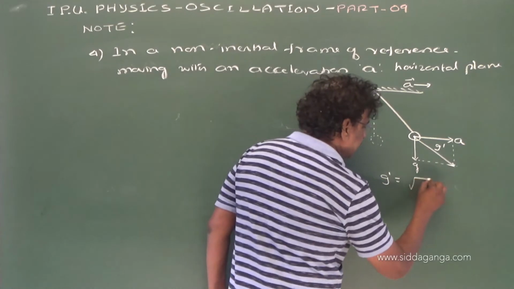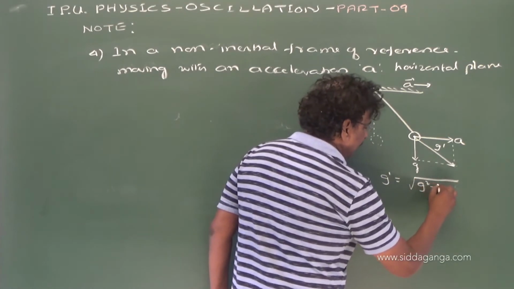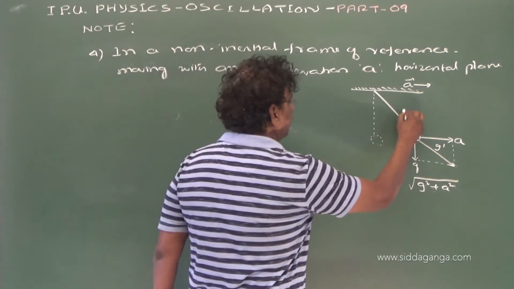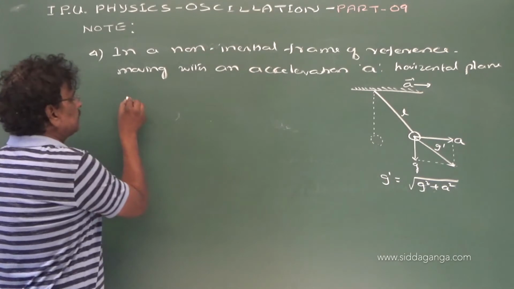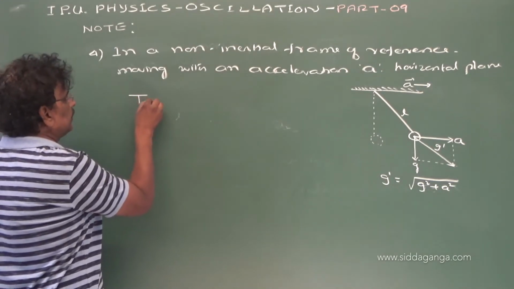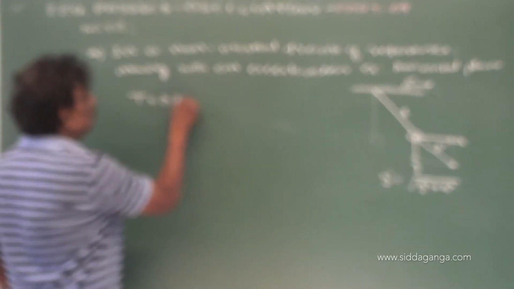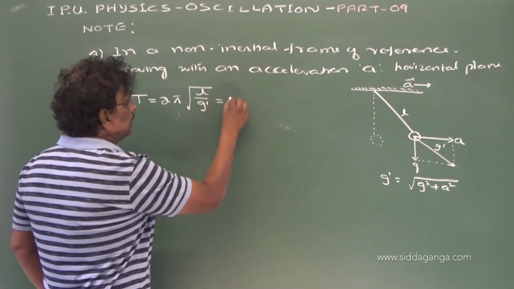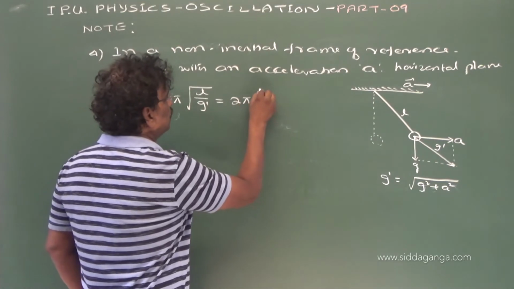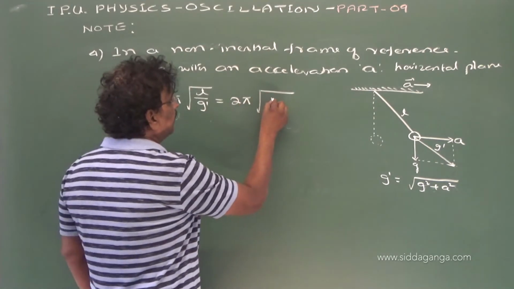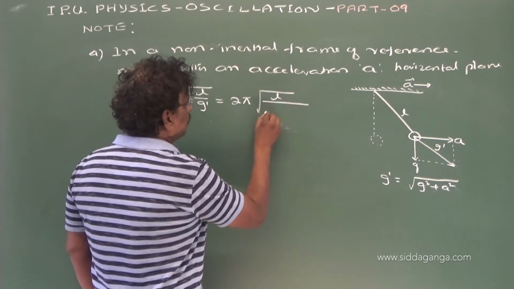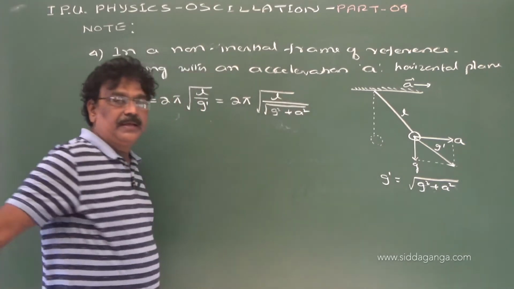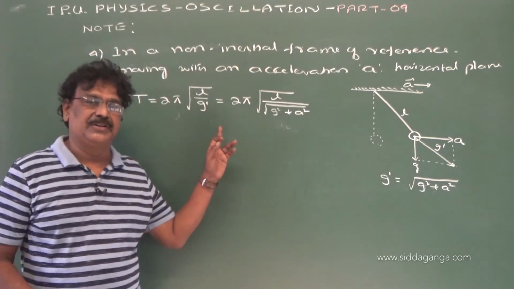We know that this is equal to square root of g square plus a square. Now this is the length of the pendulum L. So in this case, the period of oscillation T is equal to 2 pi into square root of L by g dash, that is equal to 2 pi into square root of L by square root of g square plus a square. This is the period of oscillation, right?